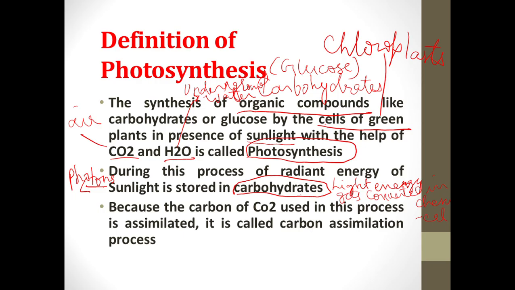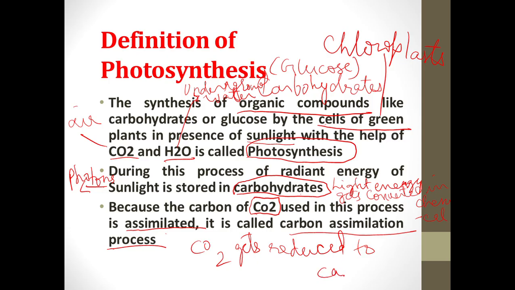Because the carbon of CO2 used in this process is assimilated. Assimilated means we are using this CO2, we are assimilating this CO2. It is called carbon assimilation process. CO2 gets reduced to carbohydrate.